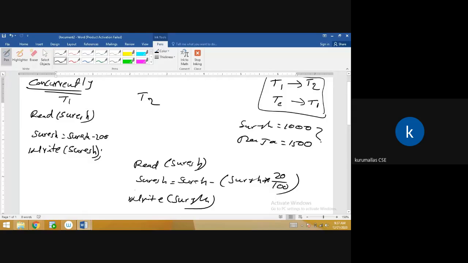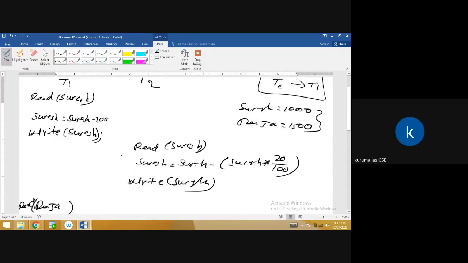If you take these as the initial amounts after executing in a concurrent fashion, what have we seen? 200 rupees decreased from Suresh, and 20 percent of the balance decreased from Suresh account and added to the Raja account. After these two transactions, when you apply concurrent fashion, what is the final balance of Suresh account and Raja account? Can you answer this one?